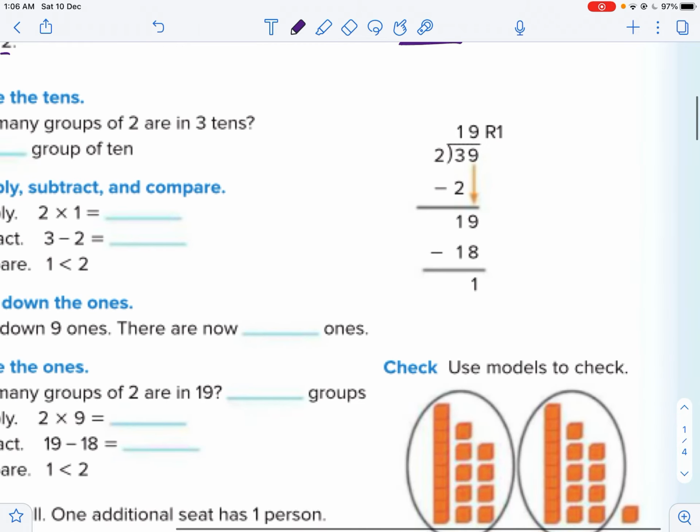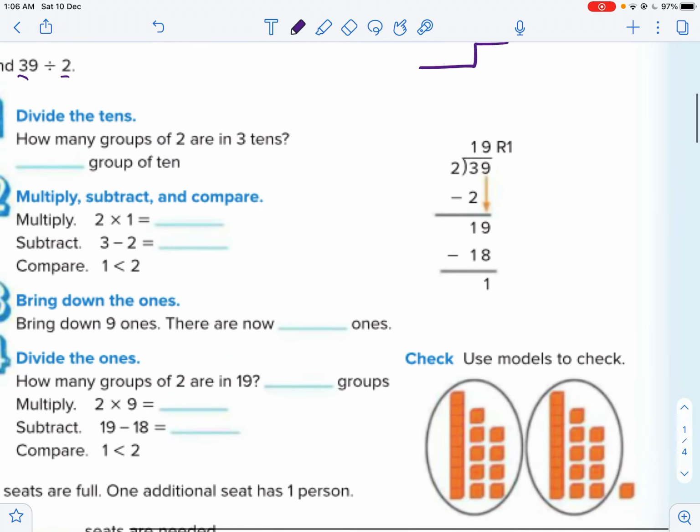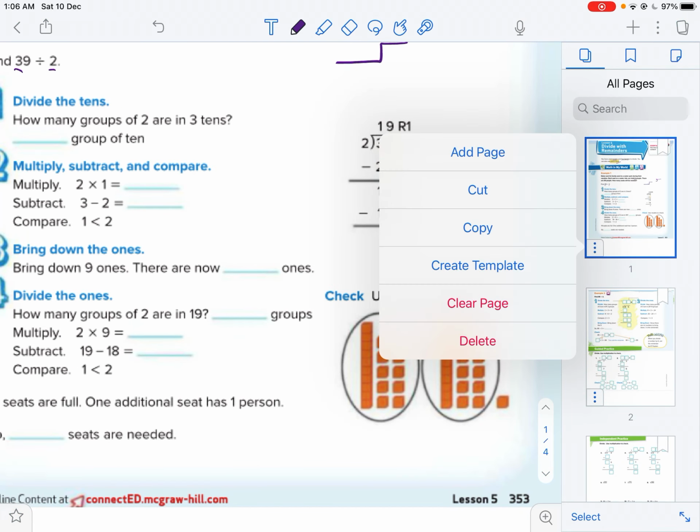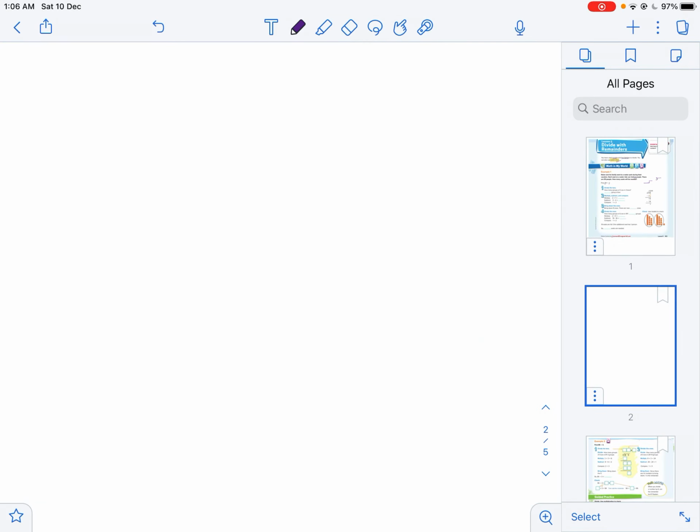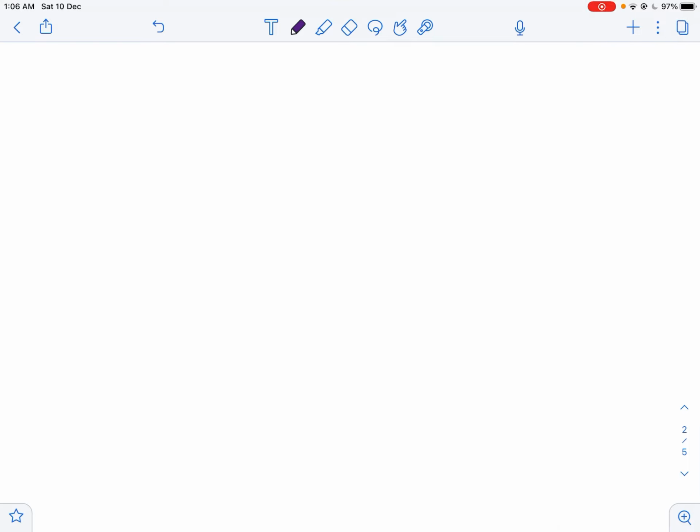So here we see 39, or I prefer to write that on a clear page. We're going to divide 39 by 2. So first, step 1, is to draw this thing like that, and then put in our numbers.